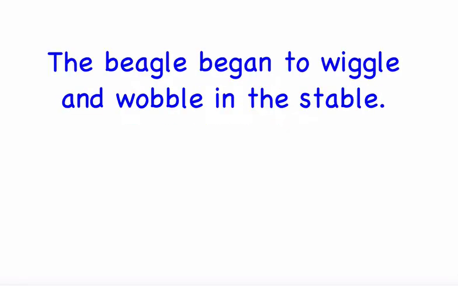Wiggle. And wobble, wob, three sounds, W, o, B. Bull, two sounds, B, ul. Wobble. In the stable. Stable, stay, three sounds, S, T, A. Bull, two sounds, B, ul. Stable. The beagle began to wiggle and wobble in the stable. Mark the words in this sentence.